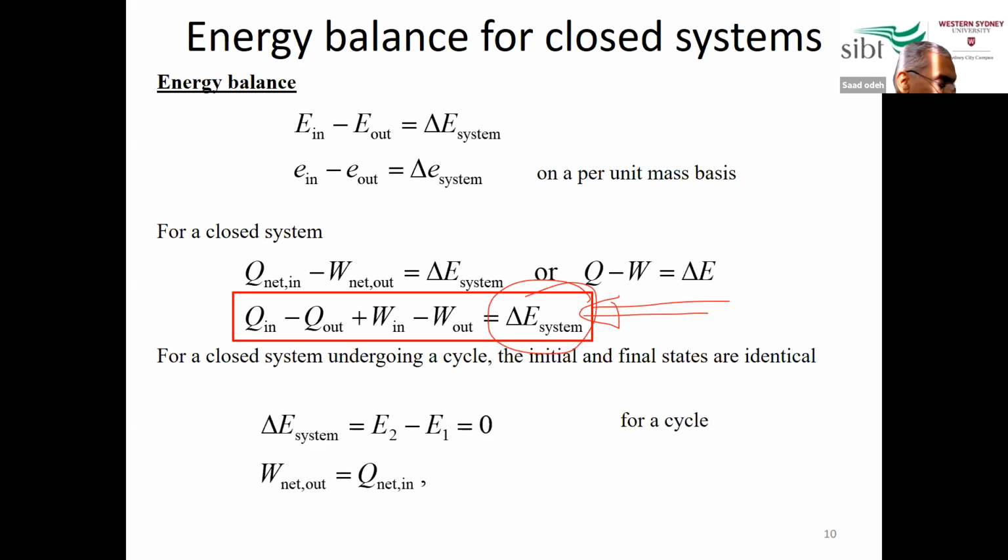If delta E of the system is equal to 0, then we end up with work net equal to Q net, so delta Q equal to delta W.